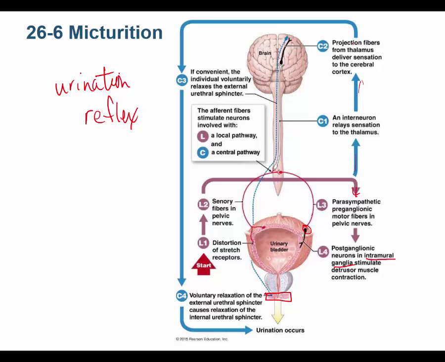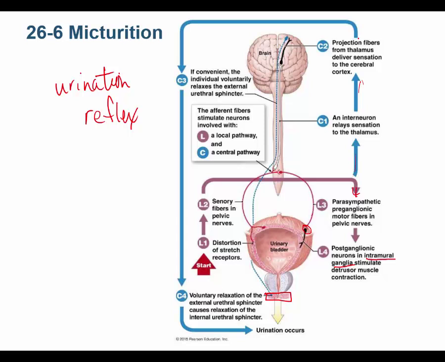How do I know I have to urinate? Because my bladder stretched, my internal urethral sphincter relaxed, and my detrusor muscle is contracting. So it's giving me the sensation of urination.